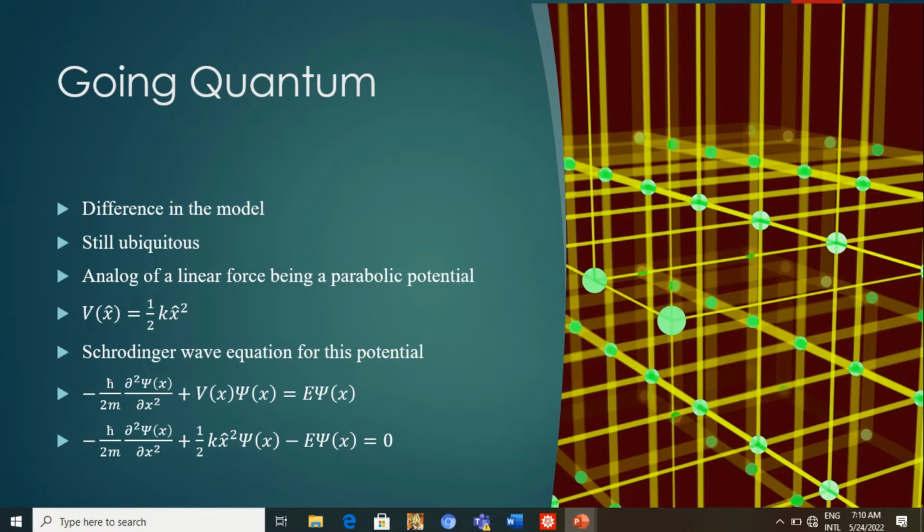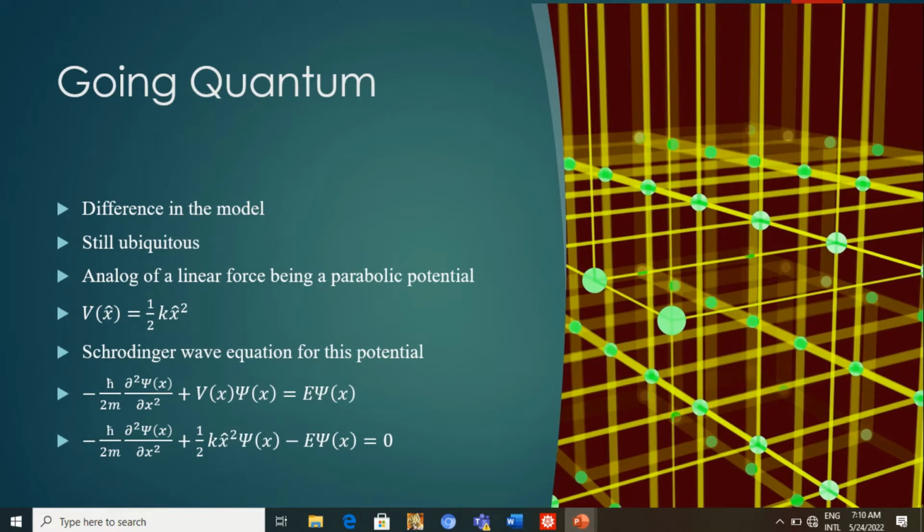And we can actually integrate our force over a given limit, over given boundary conditions, and then we get this parabolic potential. And this is actually an analog of linear force in the quantum realm. So the Schrodinger wave equation for this parabolic potential would be minus h cut over 2m partial square psi over partial x square plus V of x psi of x is equal to E psi of x.